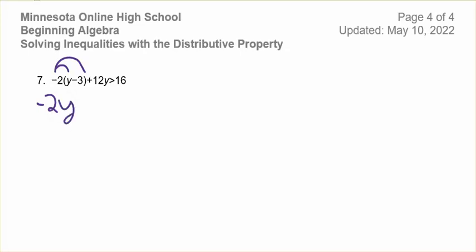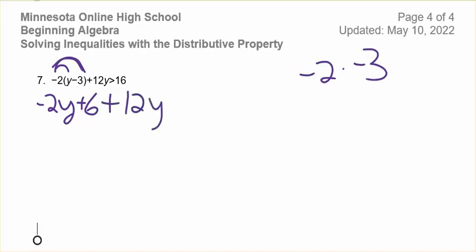And then we have -2 times -3. -2 times -3 is equal to a positive 6. So I'm going to save a little space and just write plus 6 here. And then we still had a plus 12y. We're going to write that down, and we're going to write the greater than 16. So you keep writing your whole equation, just simplify each part as you go.